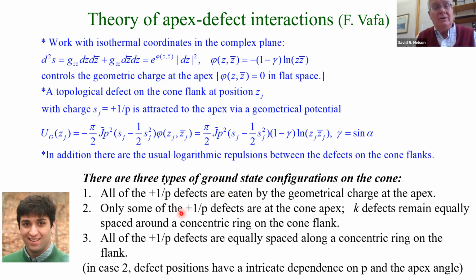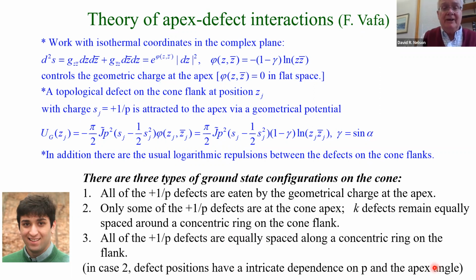But if the cone angle is a little bigger, a little closer to pi/2, only some of the defects are eaten, and the K defects remain equally spaced around a concentric ring on the cone flank. And there's an intricate dependence of their positions and their number on P and apex angle.